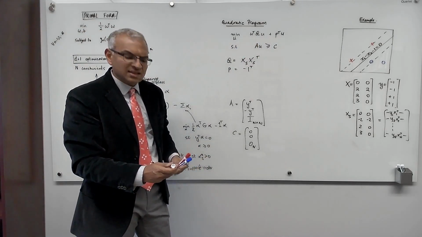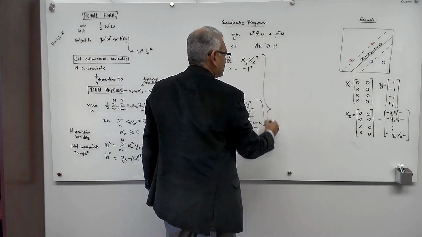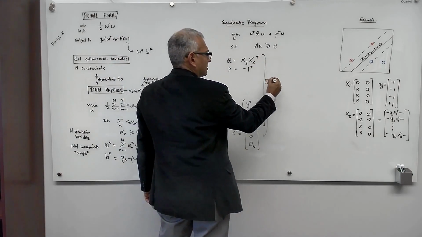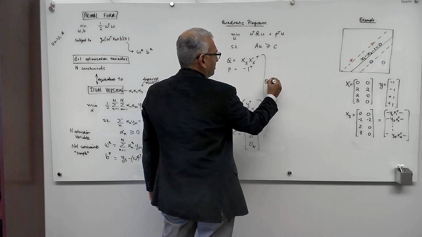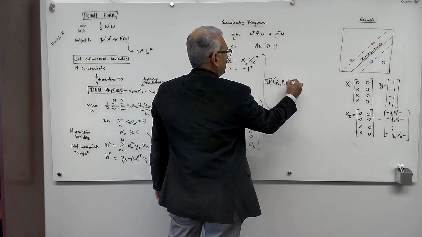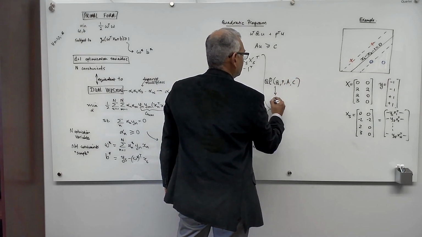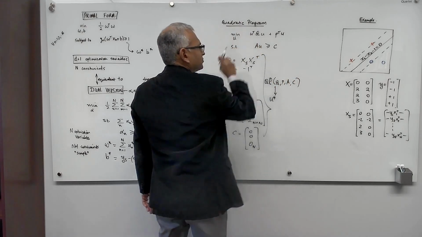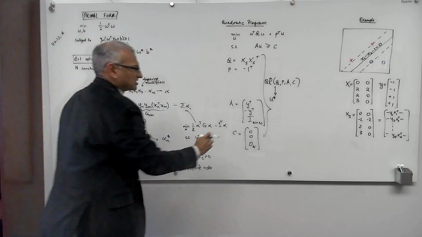If you send these to your quadratic programming algorithm, QP of Q, P, A, and C, it's going to output u star, which in our case is just alpha star.